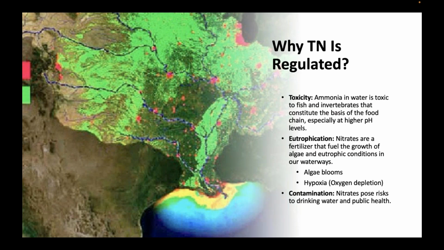The second one is eutrophication. That is a fancy way of saying that you are putting fertilizers in water that then cause an excess amount of aquatic plant growth, algae for example. Eutrophication can lead to algae blooms.